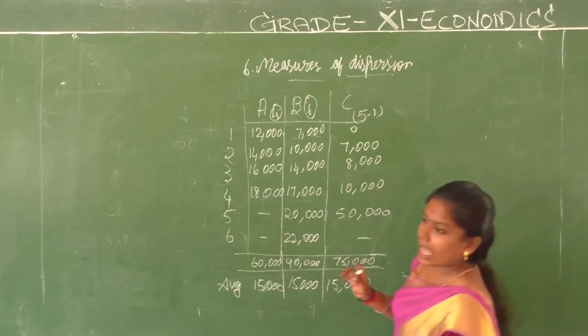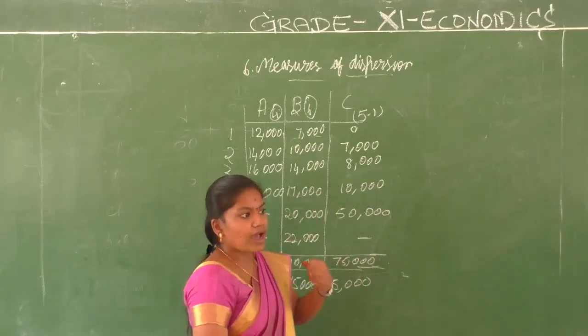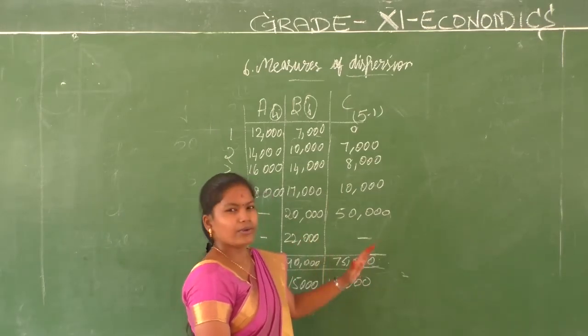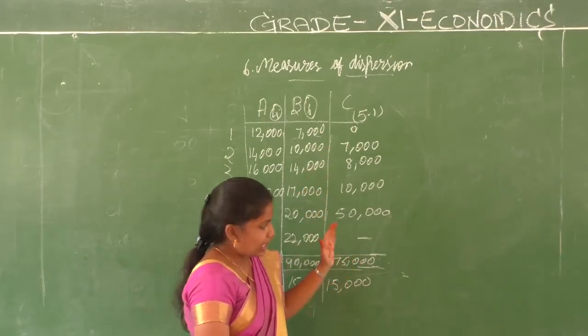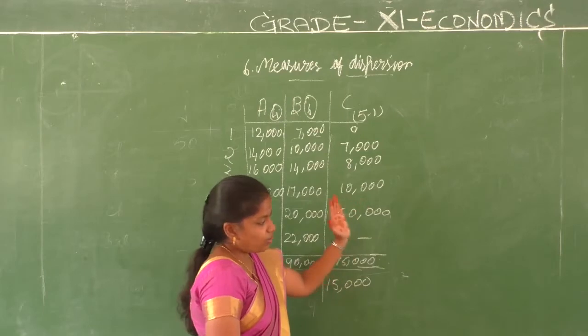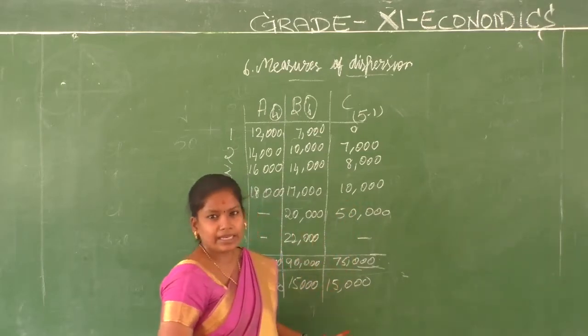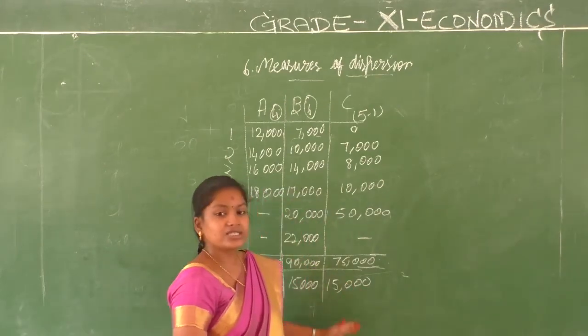The arithmetic mean has an ability to change, to have an impact in its answer when it has huge values at any end. It is going to have an impact on the arithmetic mean. Right, children? That is what we have discussed through arithmetic mean.